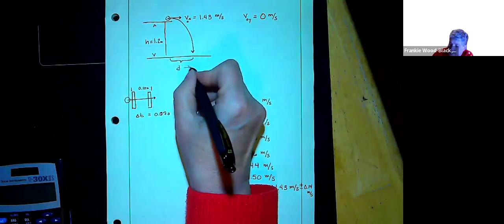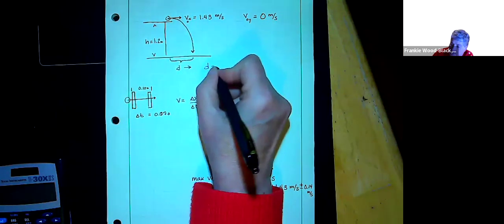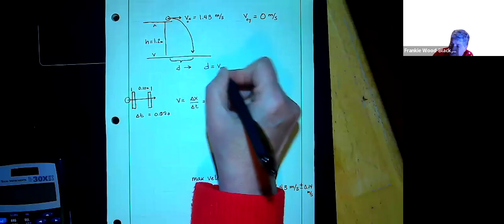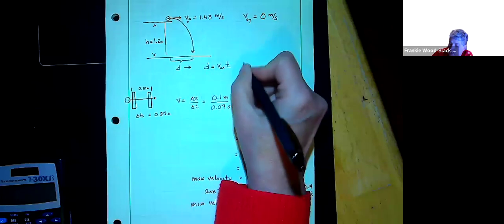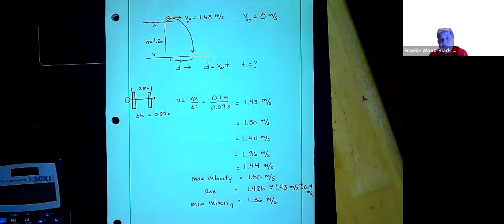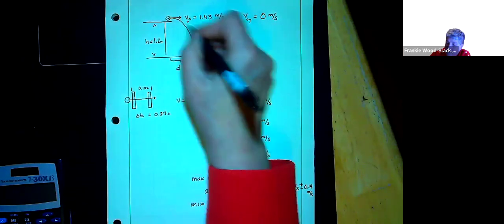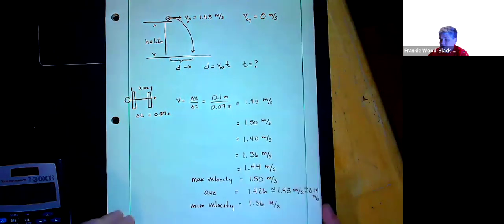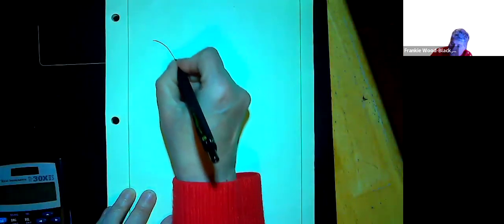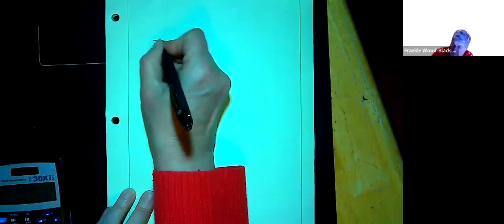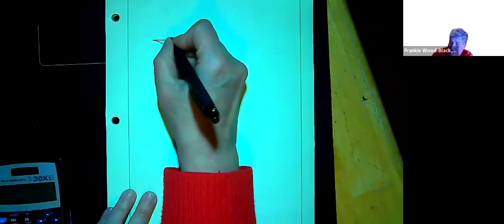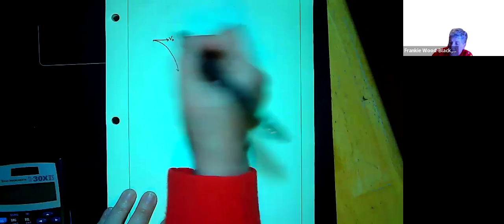Well, to calculate this distance, we know that distance is going to be my initial velocity in the x direction times time, but we don't know time. We don't have a good value of time, but we can get that because it doesn't matter where I am on this curve. And this is where we start talking about our vectors. Anywhere we are on this curve, I'm always going to have a Vx component, and now I have a Vy component.